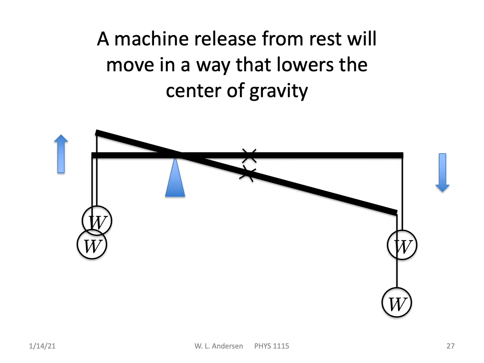And as a corollary to this principle, we see that if we release a machine from rest, if it can move in such a way that the center of gravity is lowered, in fact, that's what it does. So in this case, we have two equal weights. By symmetry, the center of gravity has to be right in the middle. And so if the fulcrum is placed off to the left like that, then the X marks the center of gravity.